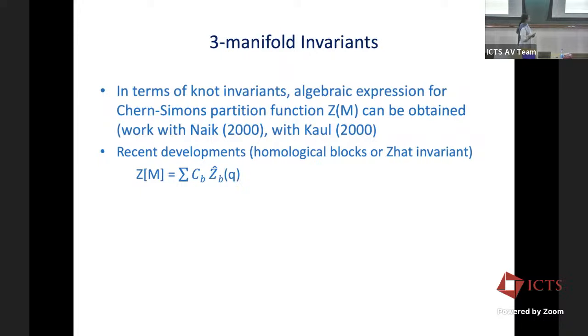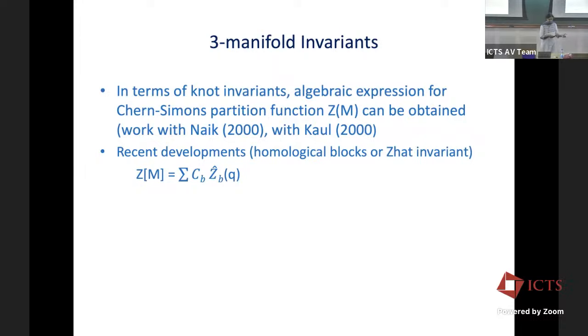Let me not get into details what these B's are. These are like the space of flat connections you can take. These Z hat have an integer series. They call it a Q series.